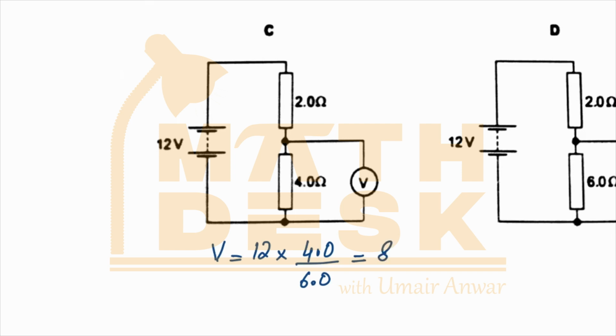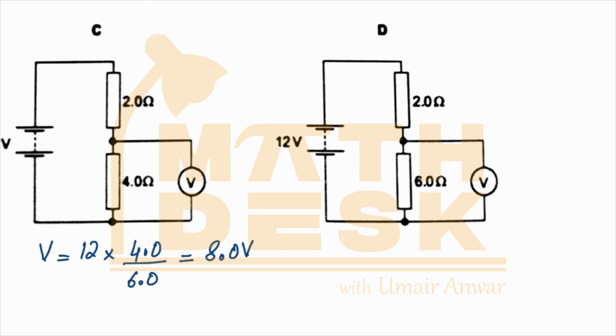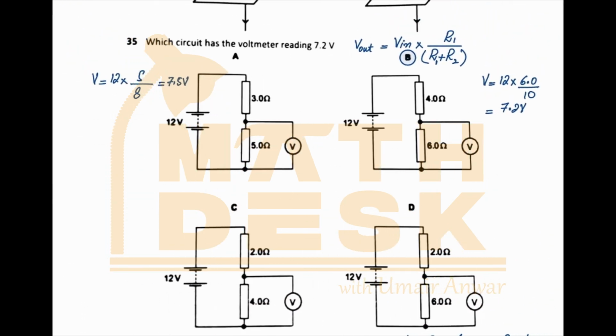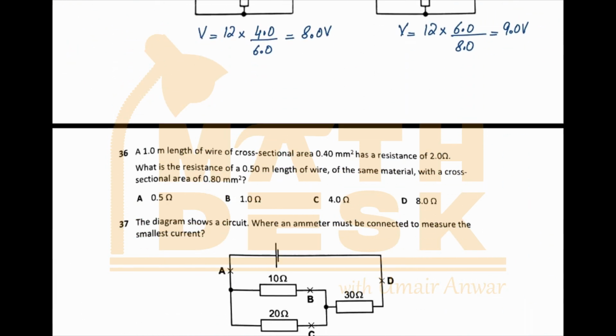So this would give us a voltage of 8 volts, and the last one, voltage across 6 ohms resistor, would be the input voltage multiplied by 6 divided by 8. So this would give us a voltage of 9 volts. So we already know that part B was the correct answer.